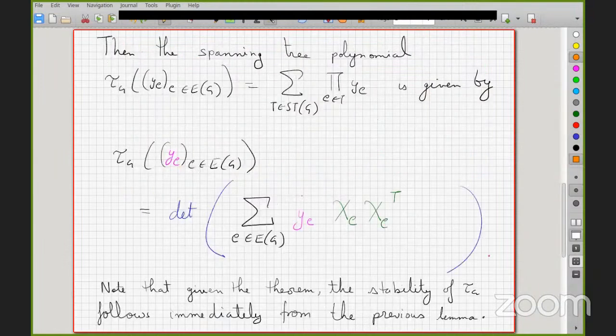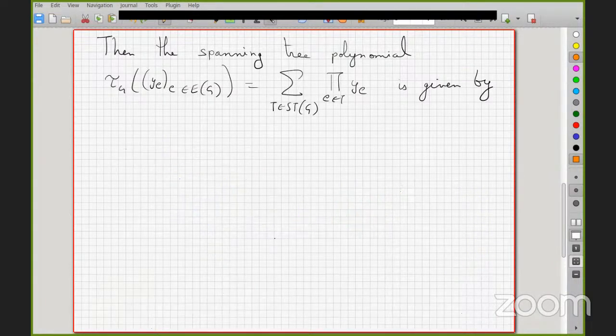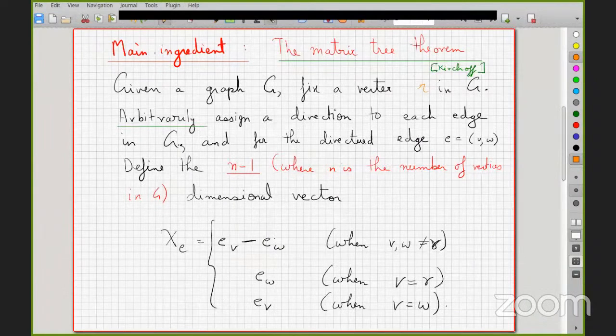For each edge you have a vector which is n-1 dimensional. If the edge is not incident on the chosen root vertex, then you have a 1 at one location and a -1 at the other location. Where you put 1 and where you put -1 doesn't really matter, but just choose some convention for each edge separately. And if the edge is incident on the root vertex, then you just put a 1 at the non-root vertex.